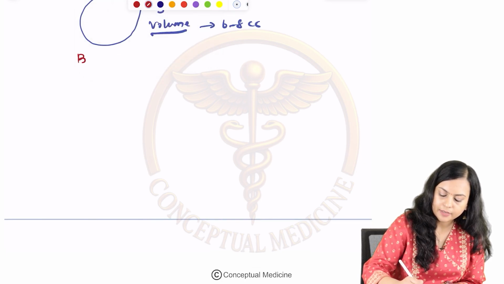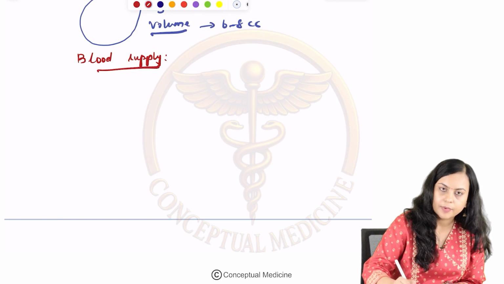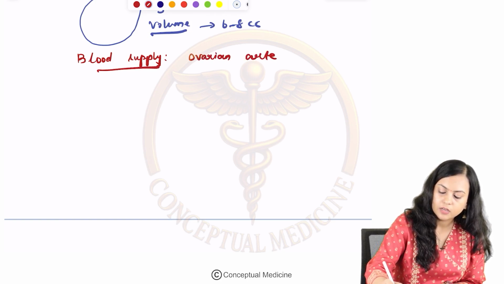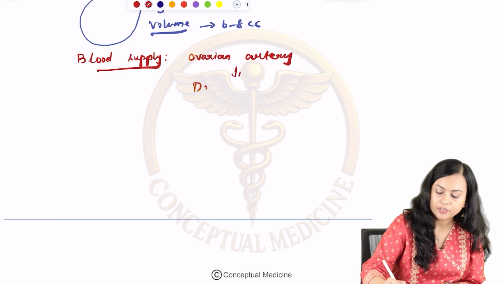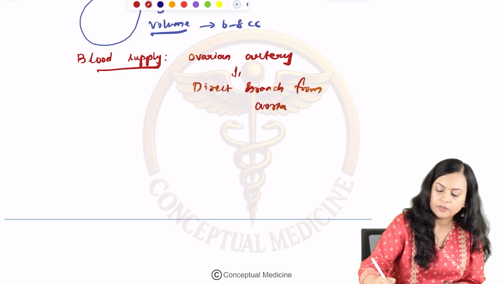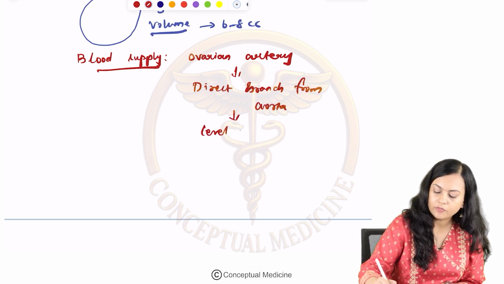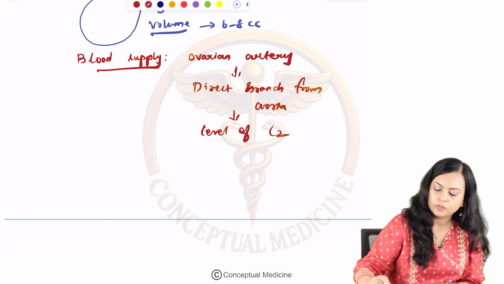What is the blood supply of ovaries? Ovaries are supplied by ovarian artery, which is a direct branch from aorta. And this artery arises at the level of L2. Okay.